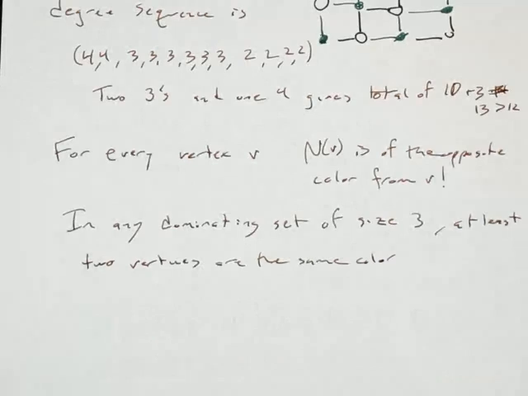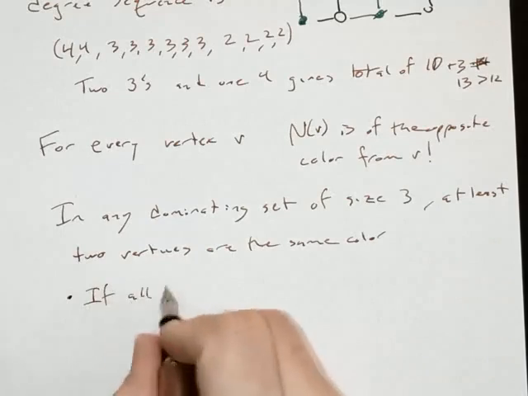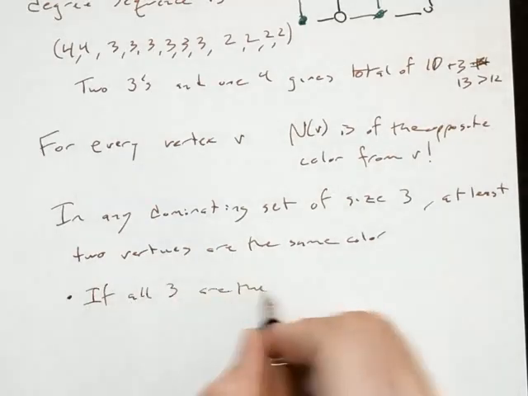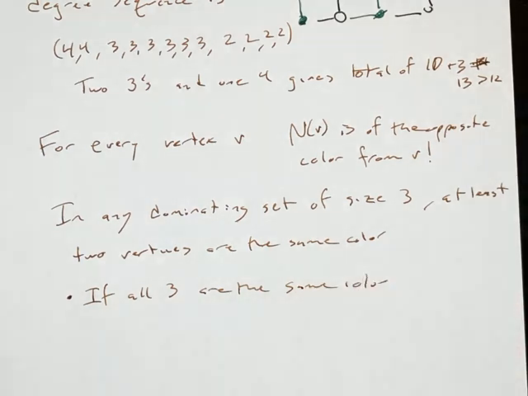It could be that all 3 of them are the same color. But let's suppose that all 3 of them have the same color. If all 3 are the same color, why do I know that's not a dominating set?